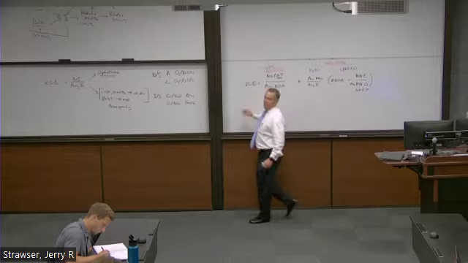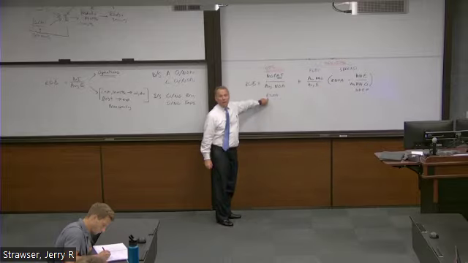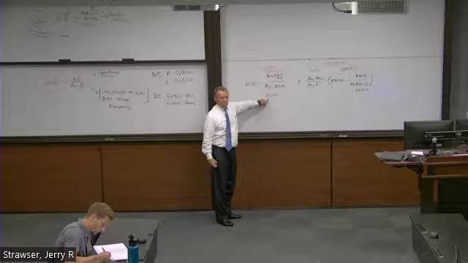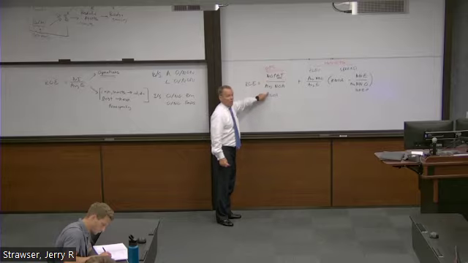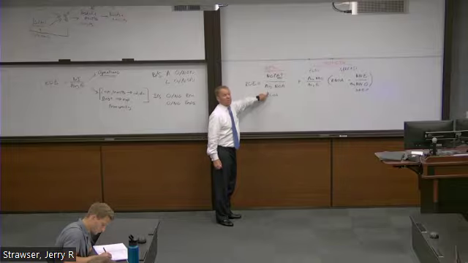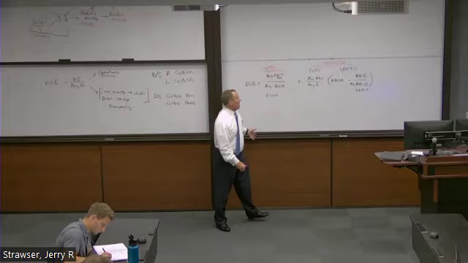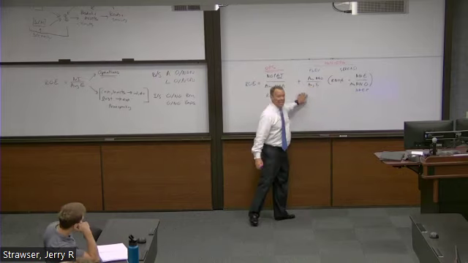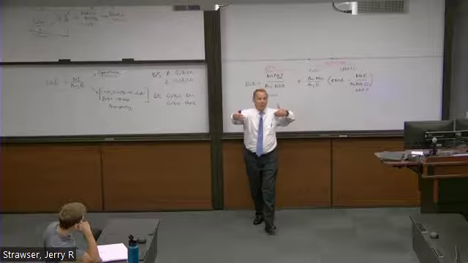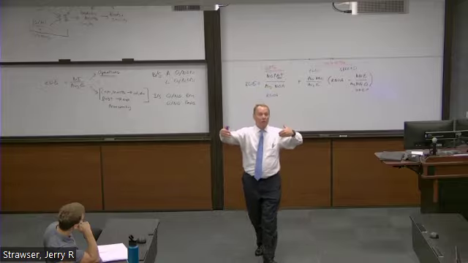ROE is going to be better when this is high, because we're generating more profit for every dollar of assets we have. And those assets can come from shareholders or lenders. Down here, as this is higher, you can see because we're adding it in, ROE is going to be higher. The bigger the spread, the better off we are.